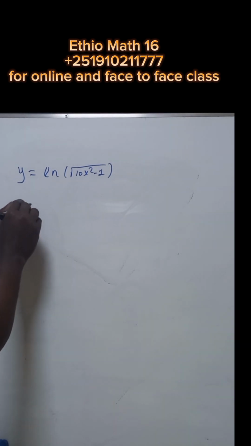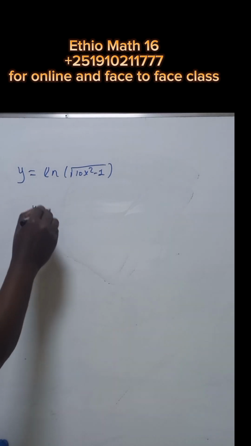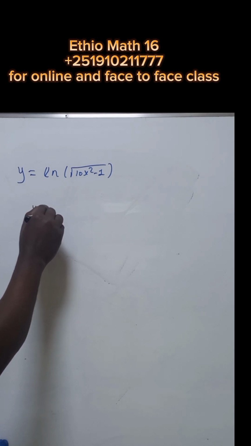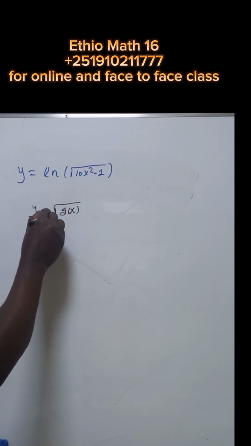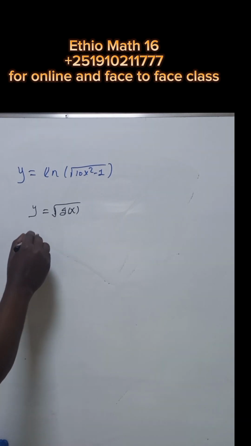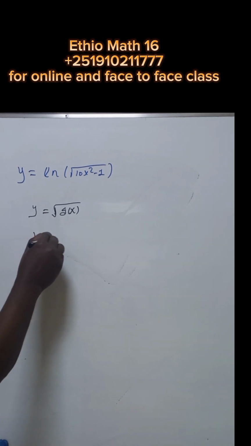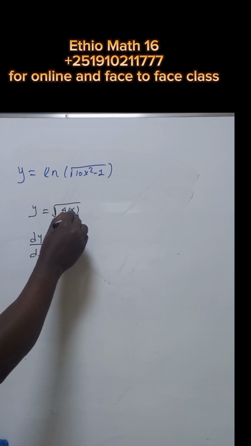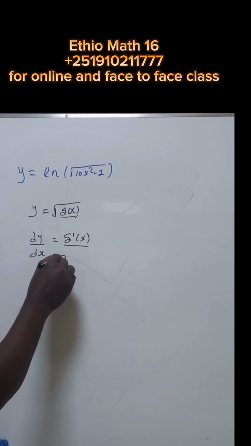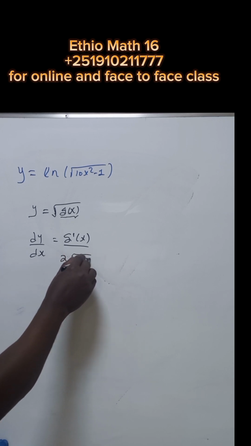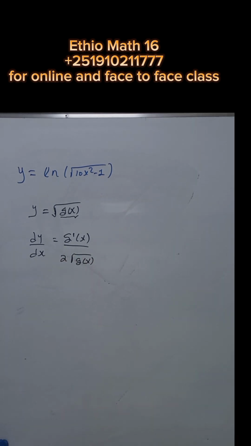Let's assume we have the function y, given by the square root of g of x. How do we define its derivative? dy divided by dx is the derivative of g with respect to x over twice the radical of g of x itself. This is the principle.